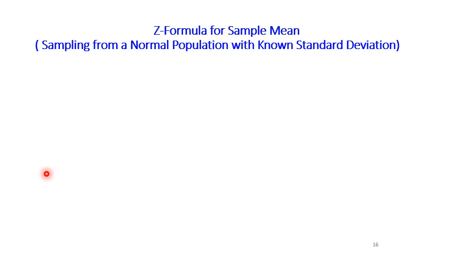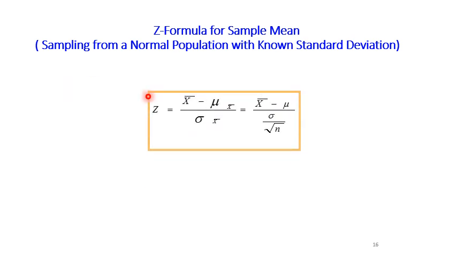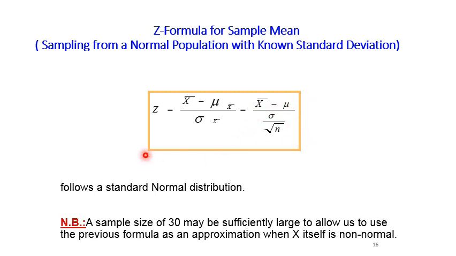We will apply the same formula here. So if X bar is normal, then if I subtract its mean and divide by its standard deviation, which is equal to sigma over root n, because we said that the variance of X bar is sigma squared over n, then this formula will follow the standard normal distribution.